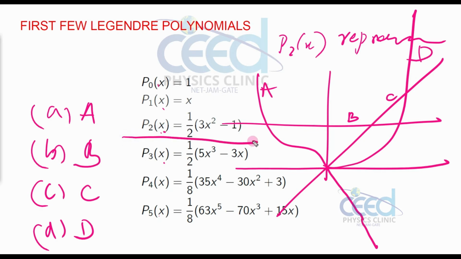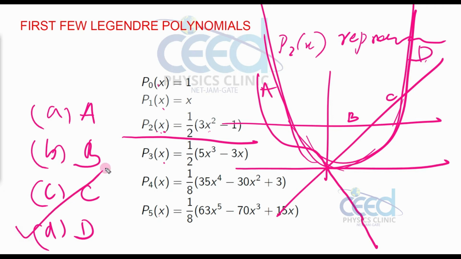You must know the equations of these different polynomials to solve this. From this P2 of x value, it is clear that it is a second degree polynomial, so its graph is a parabola. The only graph given like a parabola is this one, so the answer is D.